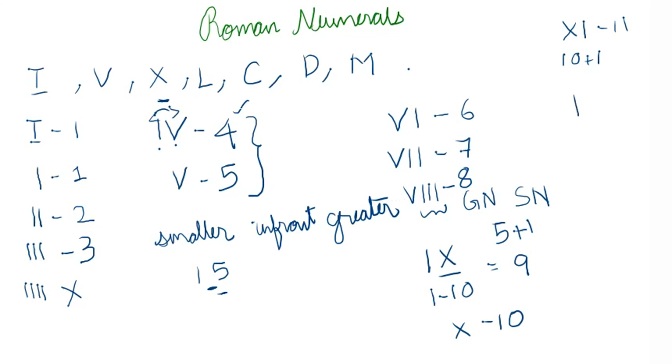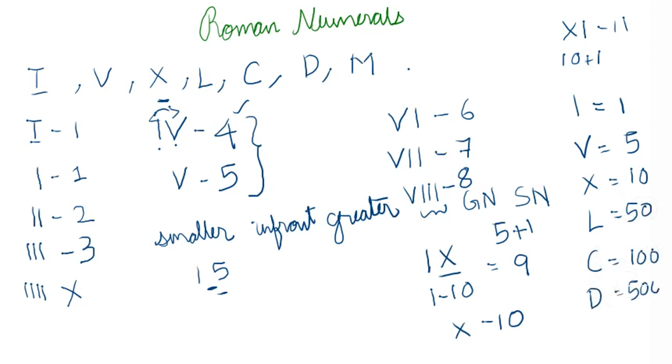So I is nothing but the value 1, V has the value 5, X has the value 10, L has the value 50, C has the value 100, D has the value 500, and M has the value 1000.